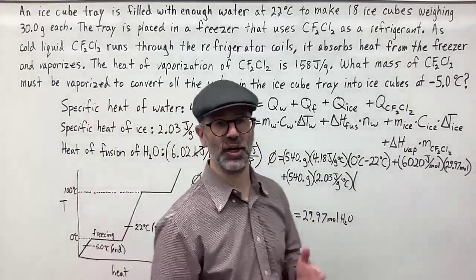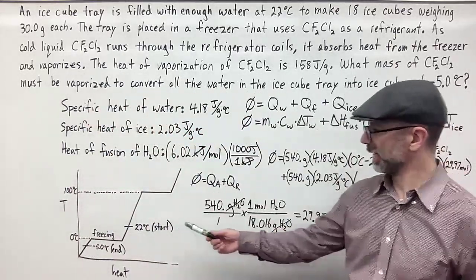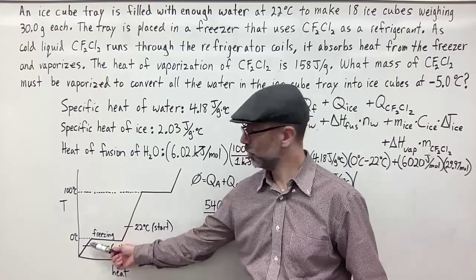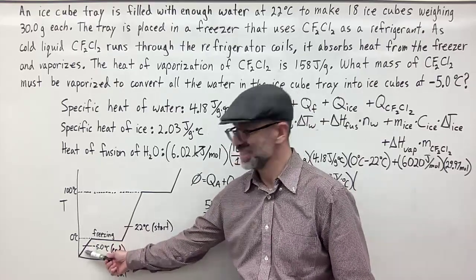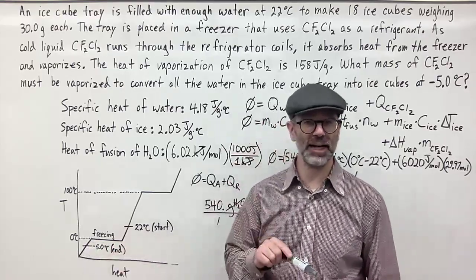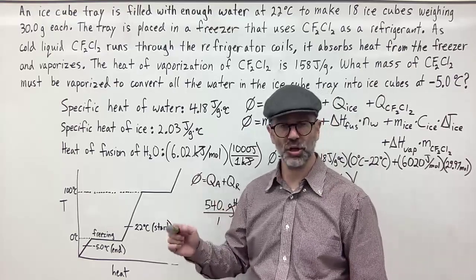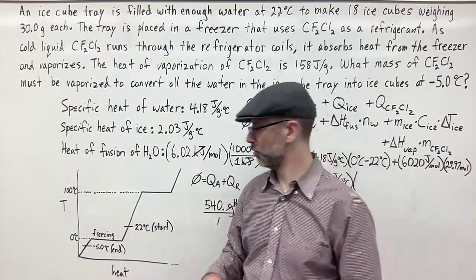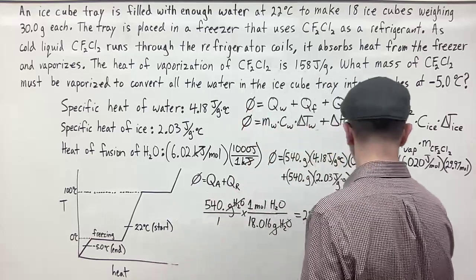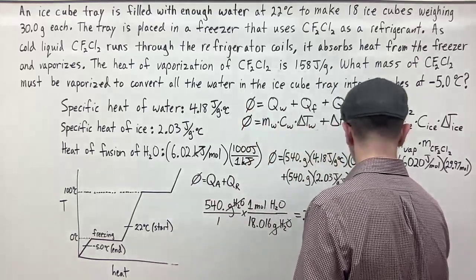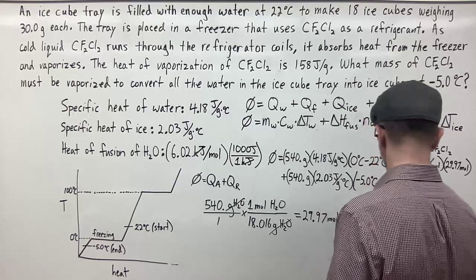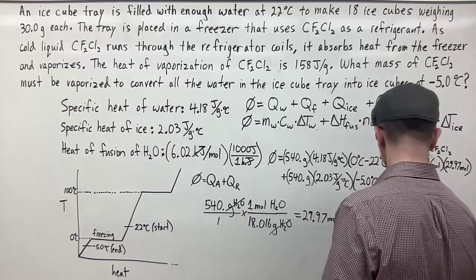Now the temperature change of the ice is right here. So initial temperature is 0, final temperature is -5. So remember, it's final minus the initial. So the final temperature, -5 minus 0. So here it's going to be -5.0 degrees Celsius minus 0 degrees Celsius.